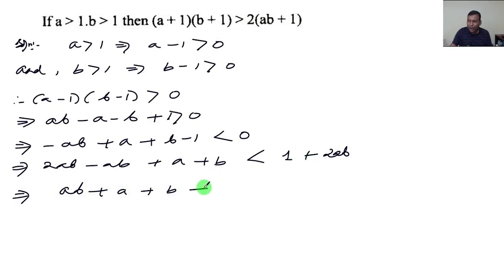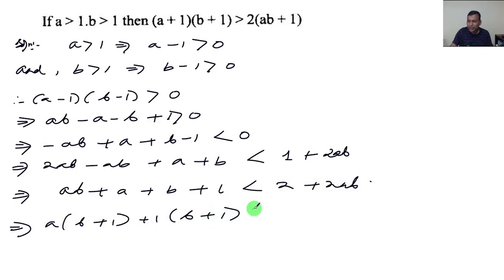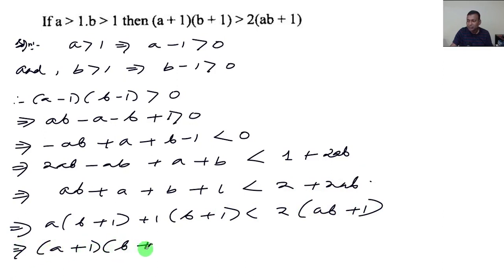Again we can add 1 to both sides. Here I can take a common, b plus 1, and here 1 is common, b plus 1, less than. Here 2 is common, ab plus 1. So (a + 1)(b + 1) is less than 2(ab + 1).